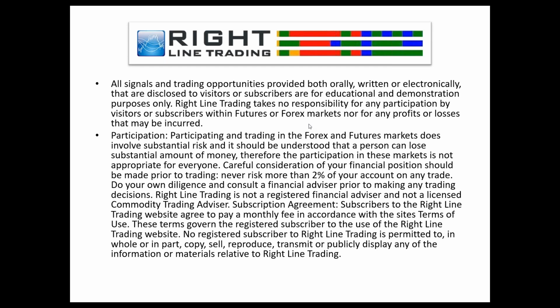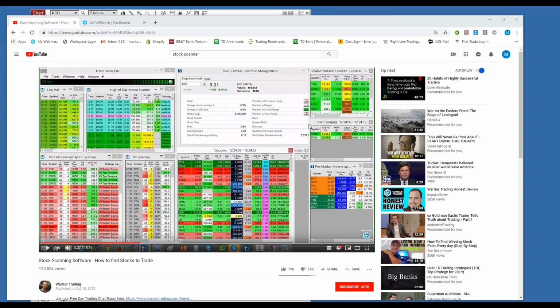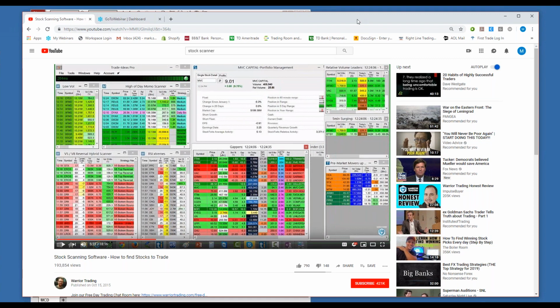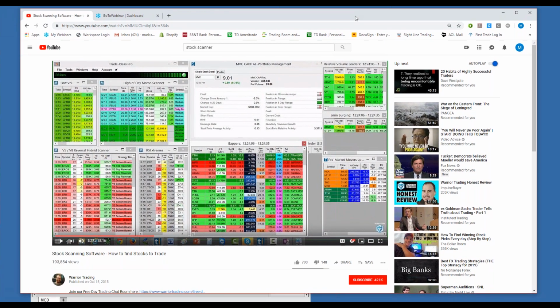Now, what I wanted to show you, and I rarely show you other people's software, but unfortunately, I think it's important for me to show you what a very typical scanner looks like. To me, this pretty much looks like the dashboard of a spaceship.